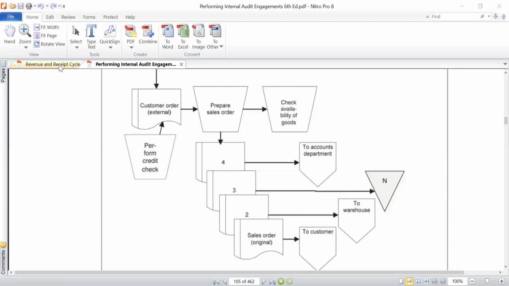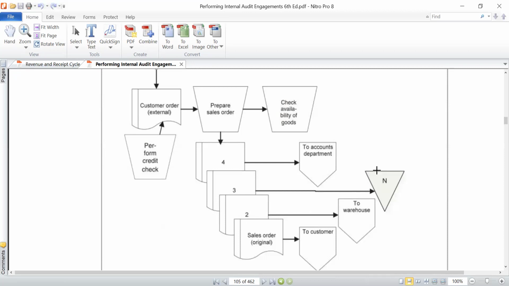But it doesn't go alone. It goes with a copy of the order form. When the people in the warehouse are selecting the goods ordered by the customer, they use a picking slip so that we can keep track of our inventory. So we know how much stock was taken out for sales, how much is remaining, and all of that. A copy of the sales order is used so that we can authorize warehouse personnel to pick the relevant ordered goods.